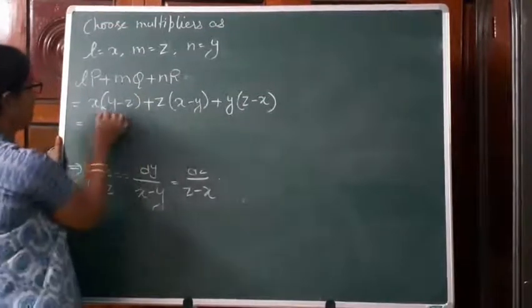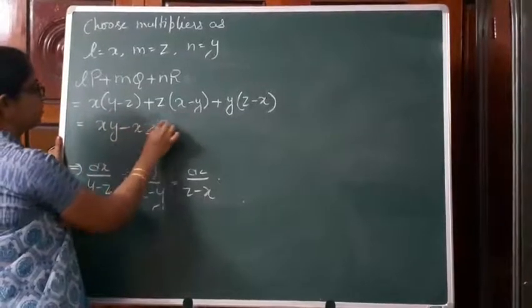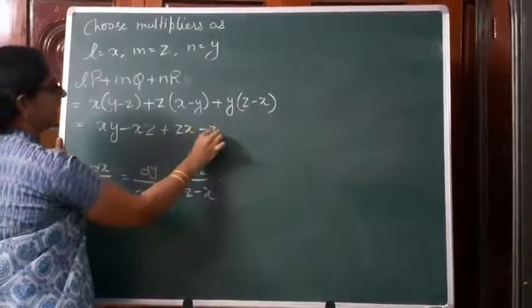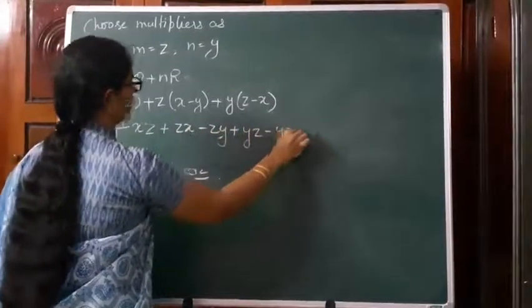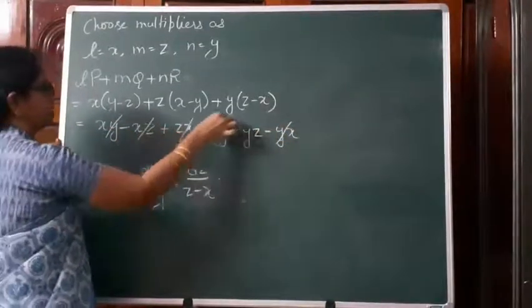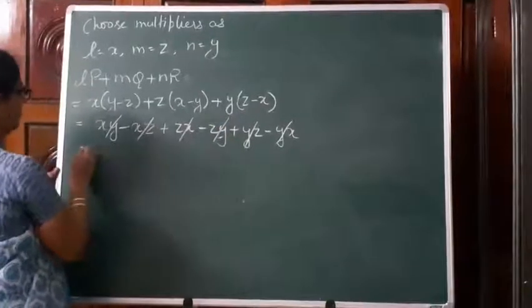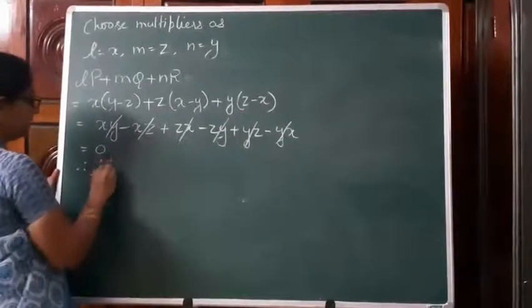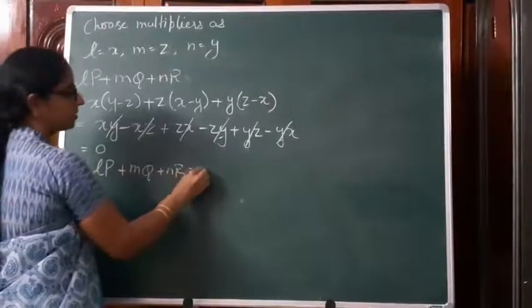So this gives xy minus xz plus zx minus zy plus yz minus yx. It becomes 0. Therefore, lP plus mQ plus nR is equal to 0.